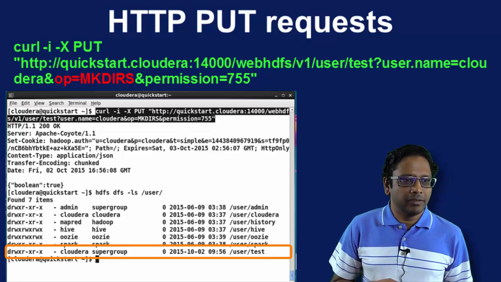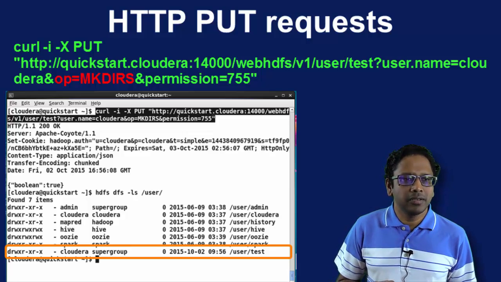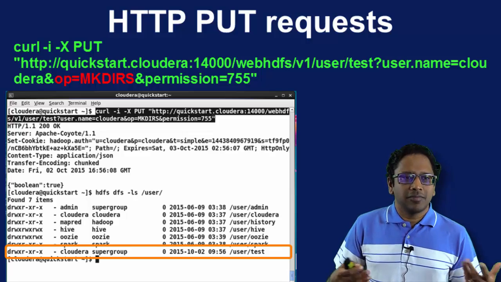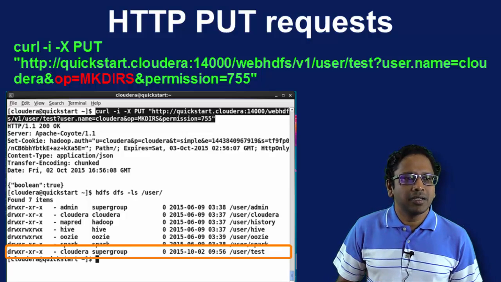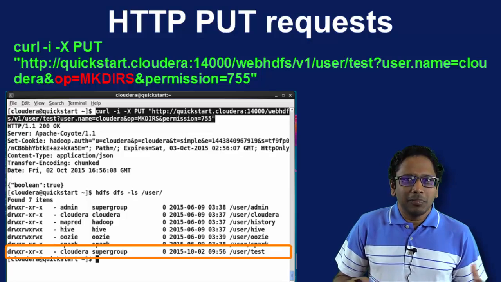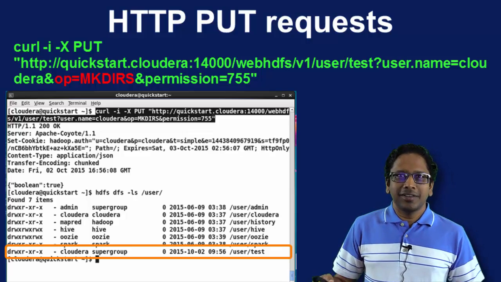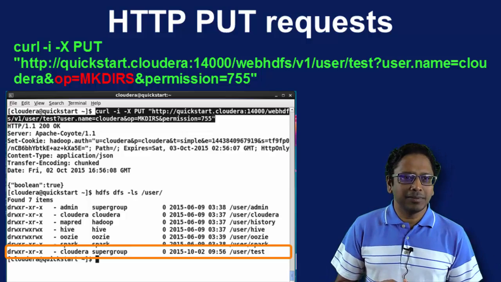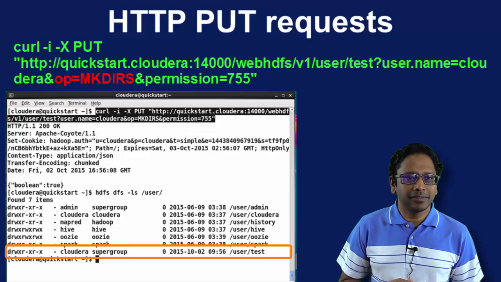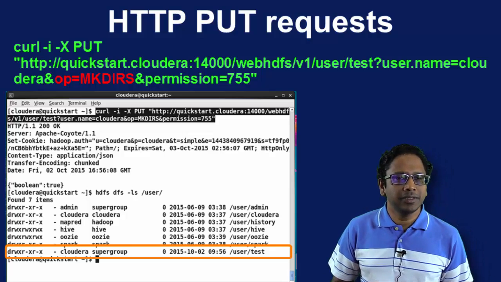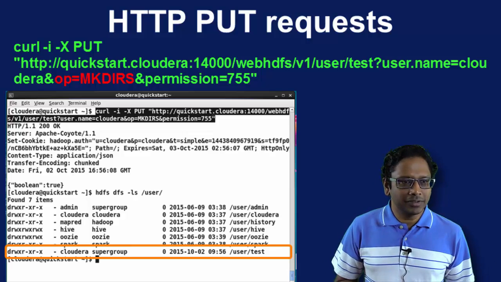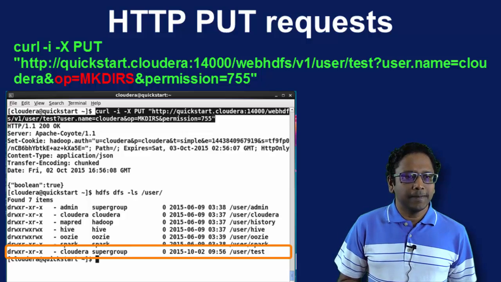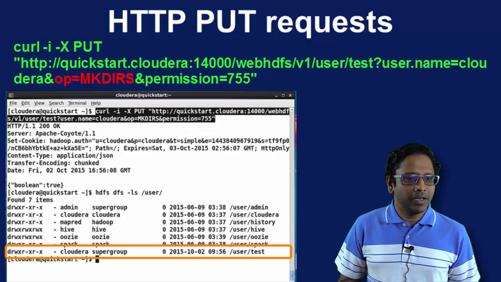So basically read, write, execute for user and read, execute for everyone else. When this command runs, it'll successfully come back, and what I'm doing now is, instead of using an HTTP command, let's run our typical hdfs dfs command and see if that directory actually got created. So I did an hdfs dfs -ls /user. You can see that new directory circled in yellow there, that's been created, /user/test.